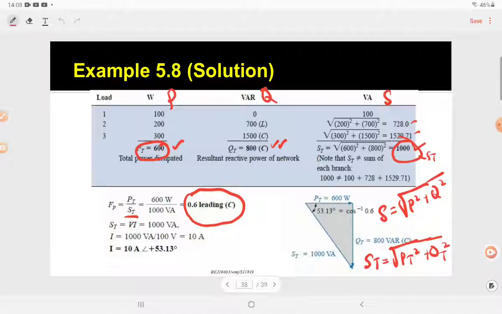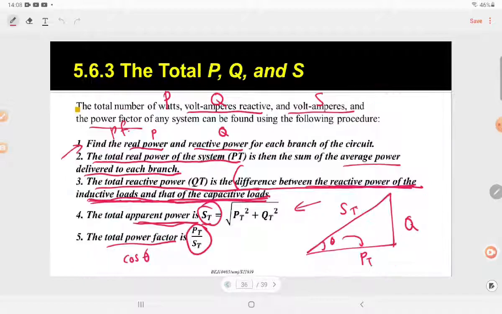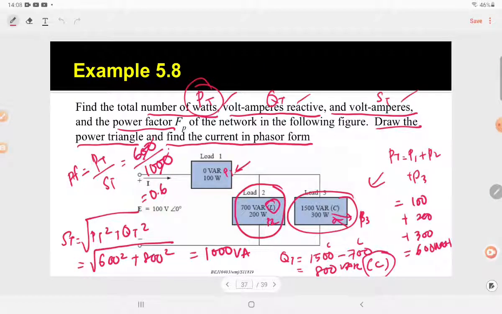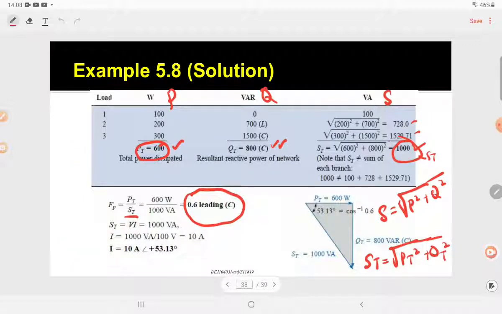And then last one, you also need to draw the power triangle and find the current in phasor form. So with all those values, we can draw our power triangle. We know that our load is a capacitive load. So our power triangle is like this because our QT is capacitive.